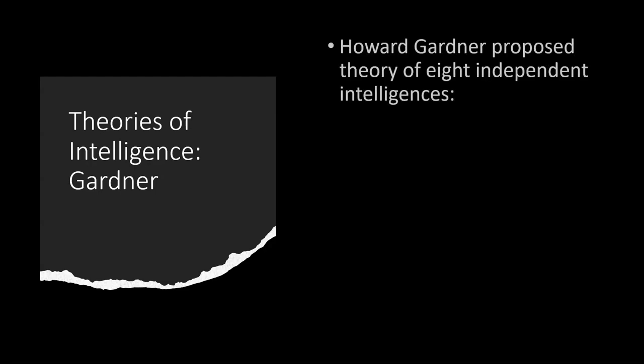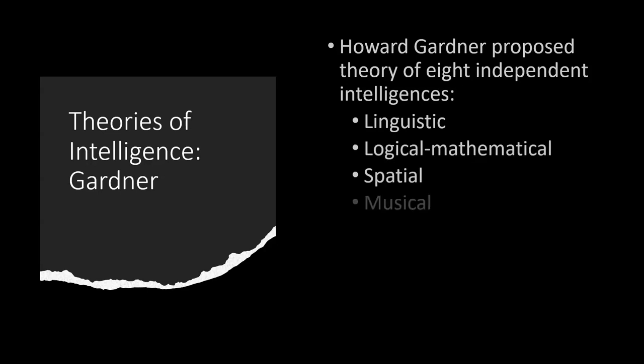So Gardner, and it was a controversial theory at the time, and it remains a point of contention, argued that there were 8 independent intelligences that didn't necessarily predict one another. So you start off with the classics, but then you quickly deviate away. So traditional tests would identify linguistic skills, logical, mathematical skills, and spatial skills.